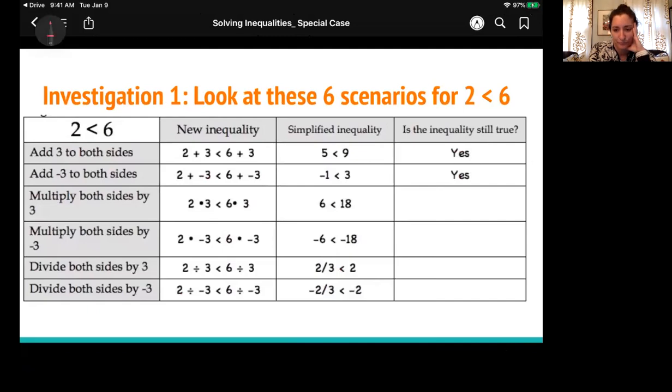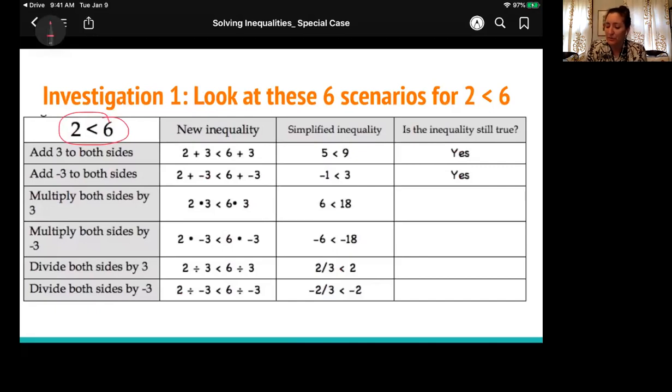All right. So I have got 2 is less than 6. And I just want to play with some investigation here. I want to experiment with this inequality and see when it falls apart. Why did the inequality suddenly not hold for that problem we just did?